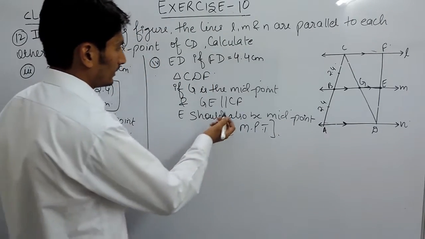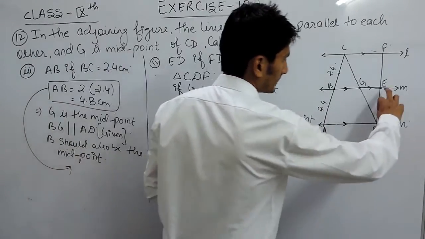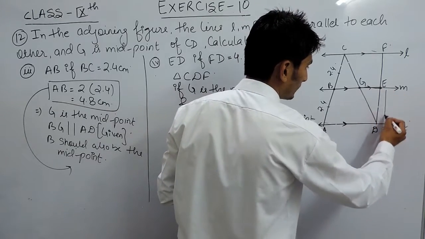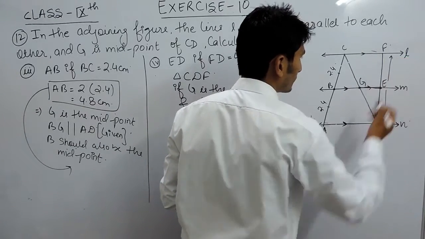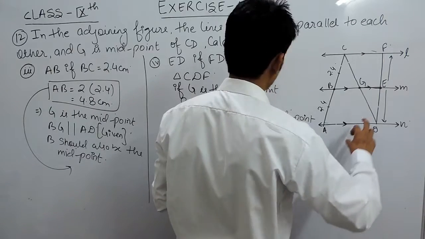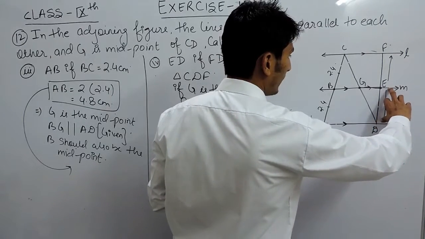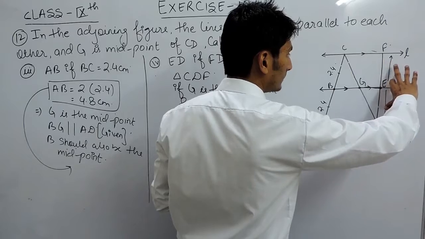Now if this is the midpoint, it means this part and this part must be equal, or you can say this must be half of this complete.